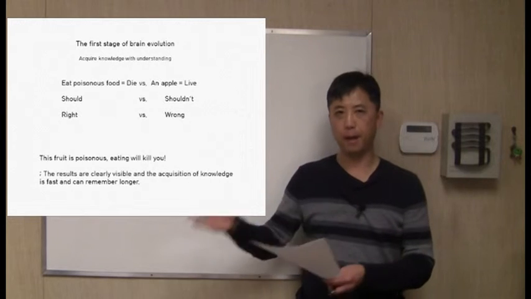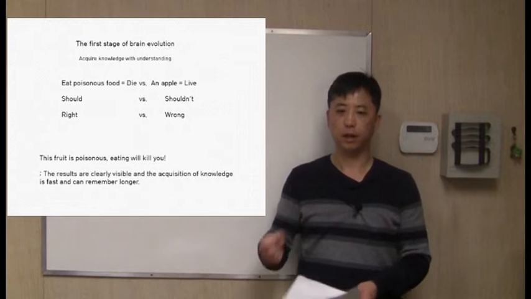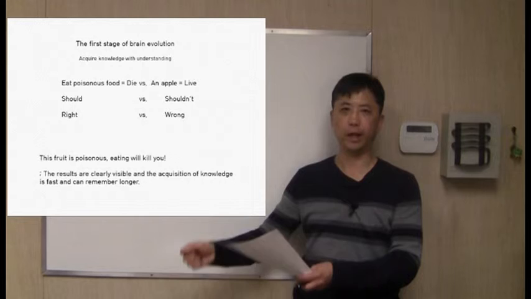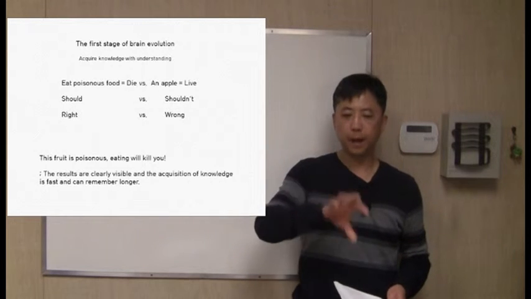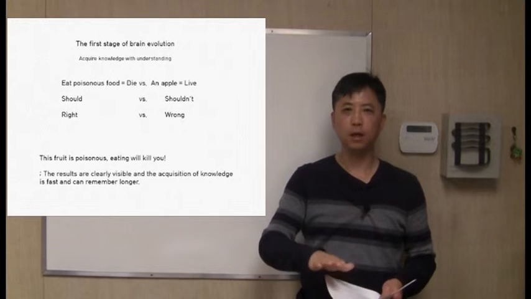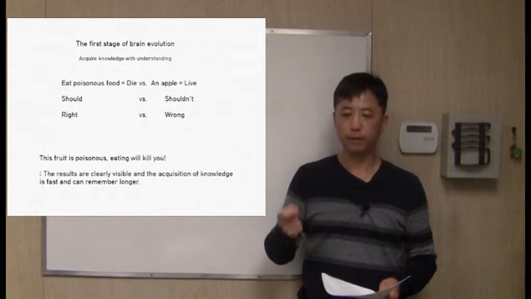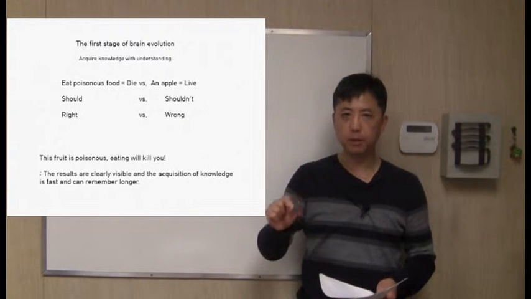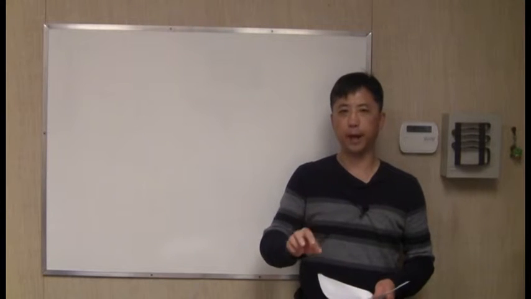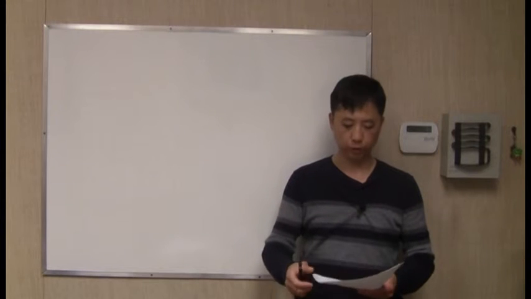This is good, bad, right, wrong, correct, incorrect, and it gives you energy, survival, or death. This black and white kind of thinking pattern is based on the understanding-based learning of the brain. It is a very, very basic preliminary brain function that has evolved together with the brain. So this is the first level of brain evolution.